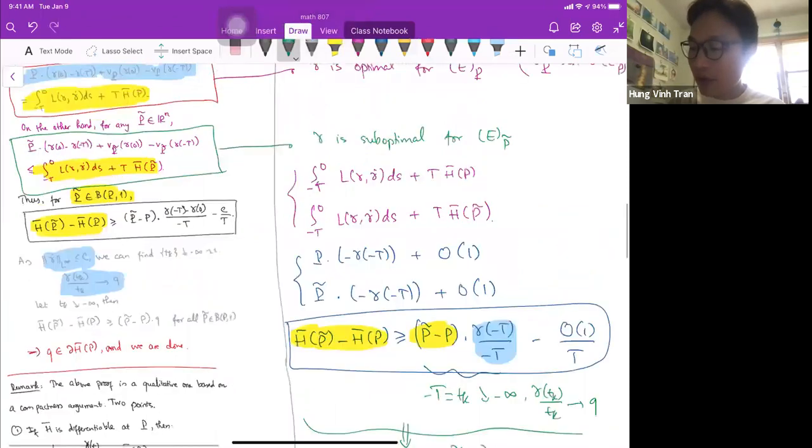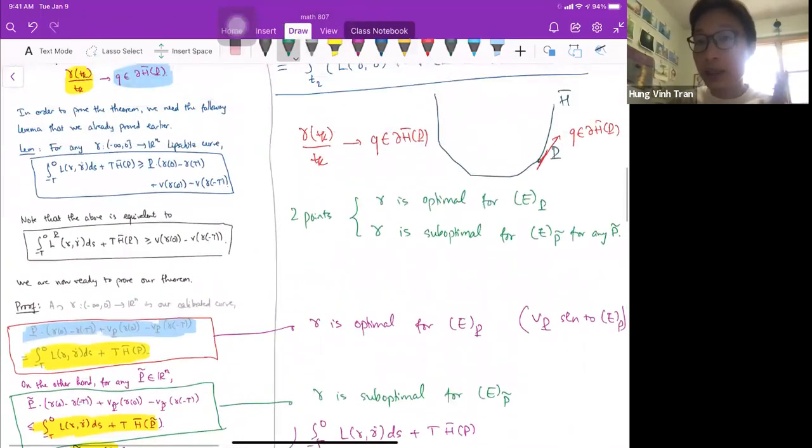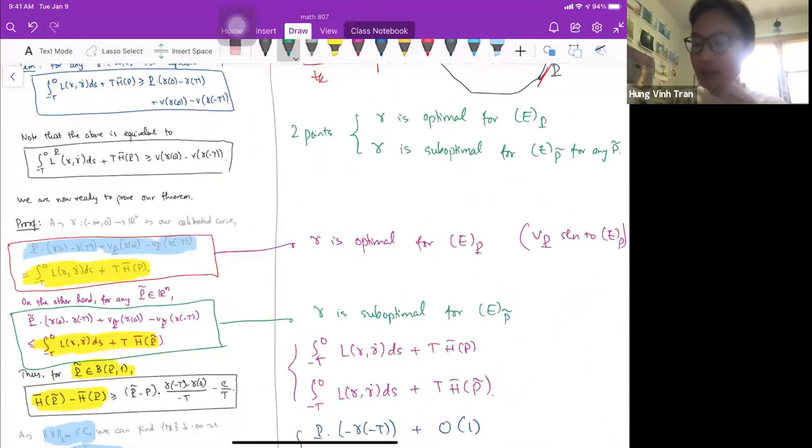So you see, this proof is nothing new. It is just based upon the fact that we need to consider the whole h bar to prove this. If I only considered the value c of 0 or h bar of 0, I wouldn't have the whole h bar. I wouldn't be able to test around and shift things around in order to use the optimality together with suboptimality at other points to get these conclusions.